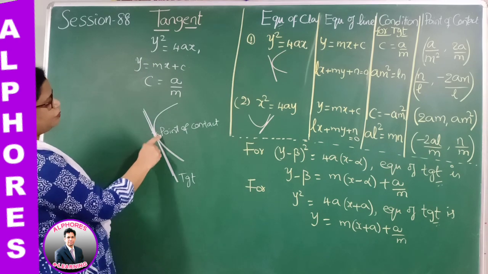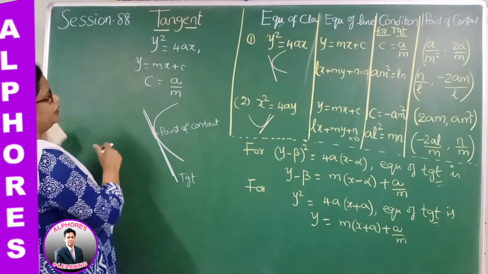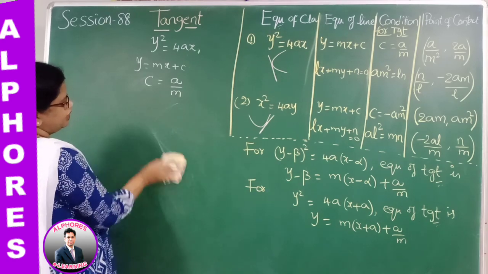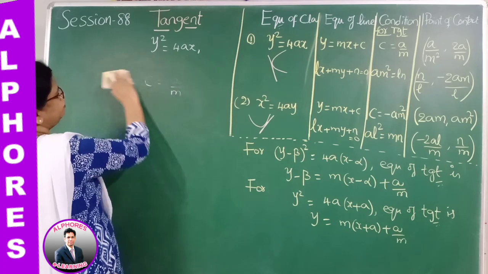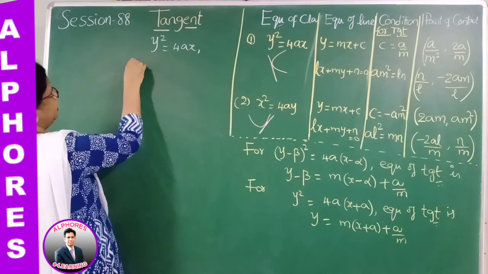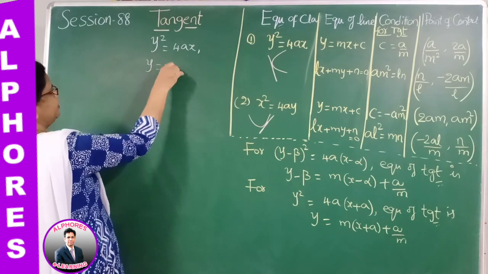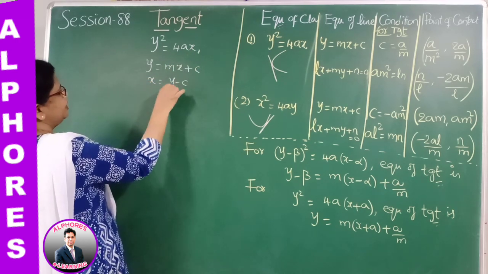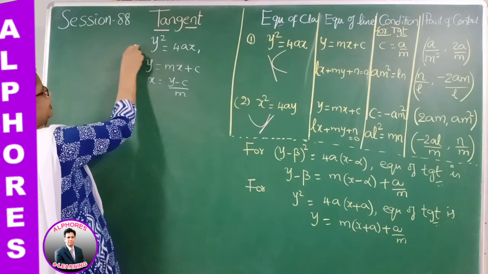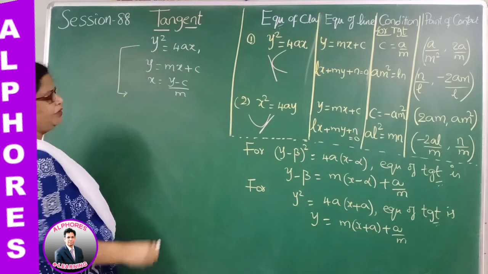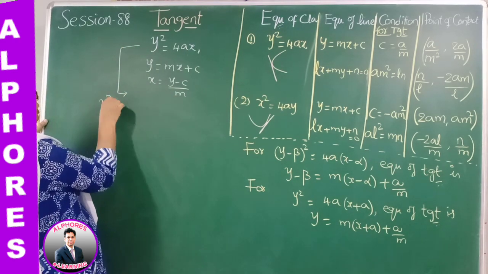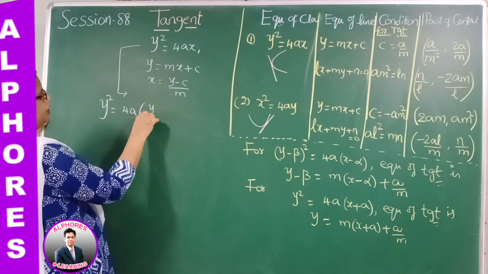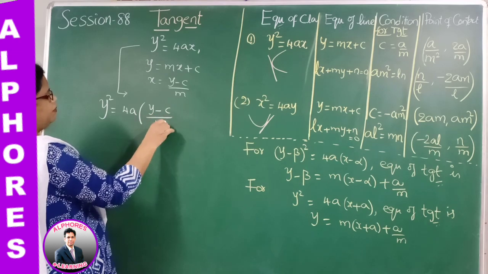Then what about the point of contact? How do we obtain it? Here we already have a quadratic equation. Substituting for the tangent y equal to mx plus c, the x value is y minus c divided by m. So the equation becomes y square is equal to 4a into y minus c whole divided by m.